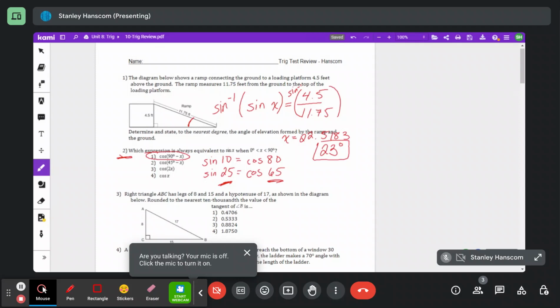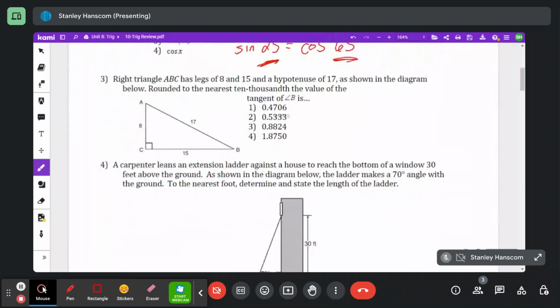All right, now we're on question 3. It wants to know what the value of the tangent of B is. Tangent is opposite over adjacent for our ratios. The opposite of angle B ends up being 8. The adjacent side is the non-hypotenuse side that forms that angle, so that's 15.